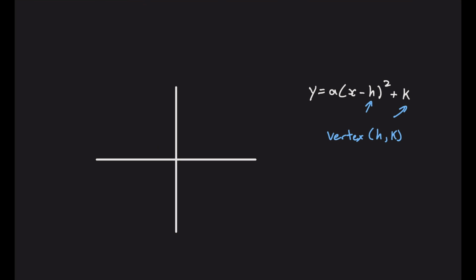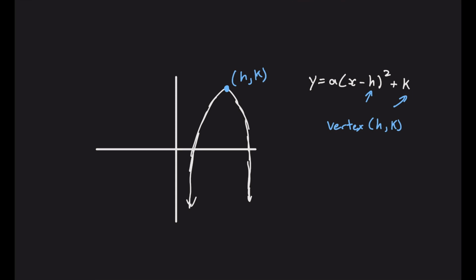It could also be upside down, like something like this. This is also a quadratic. And then the vertex of this would be right here. And the point would be h and k. It'll make sense when we do an example. This is the only part of the theory that you need to know.